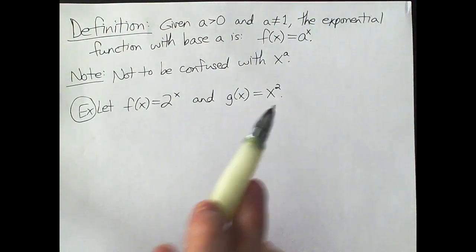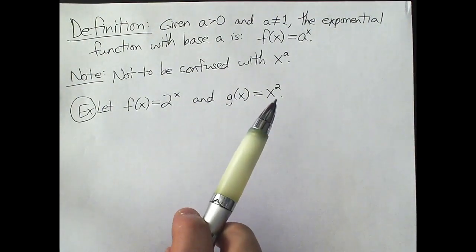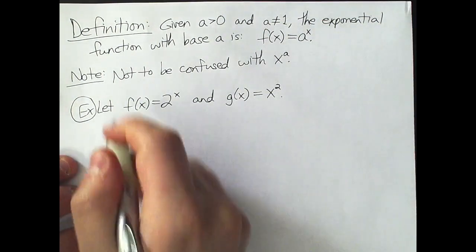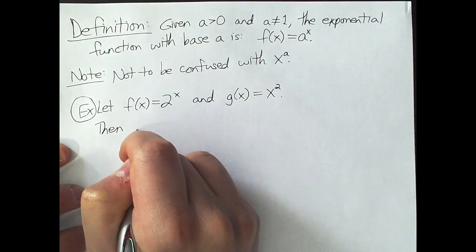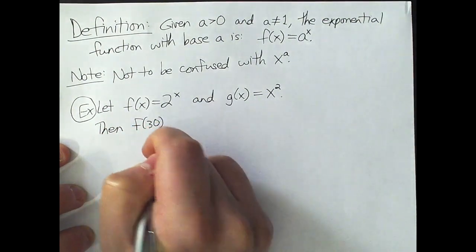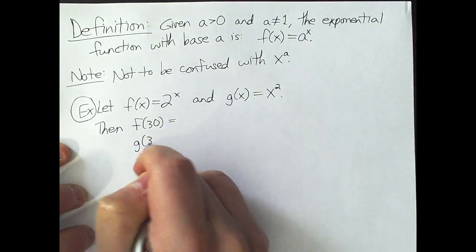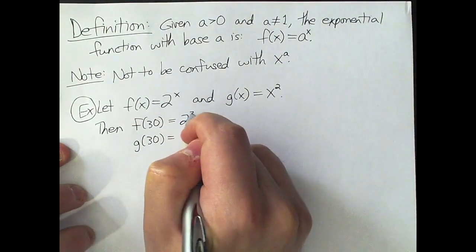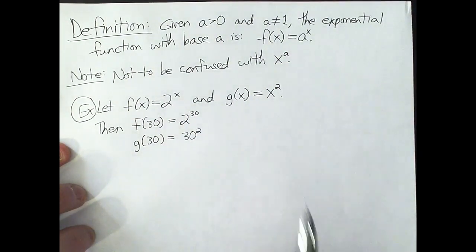The other one, x to the 2, we would call that a polynomial. In particular, we would call it a quadratic function. It's a parabola, right? Anyway, to show you how different these are, what do we get if we do f of 30? And what do we get if we do g of 30? So if we do f of 30, then we're doing 2 to the 30th. And if we do g of 30, we're doing 30 to the 2.